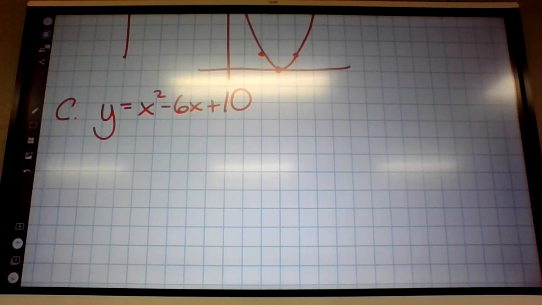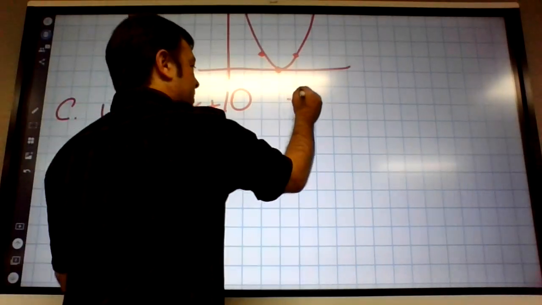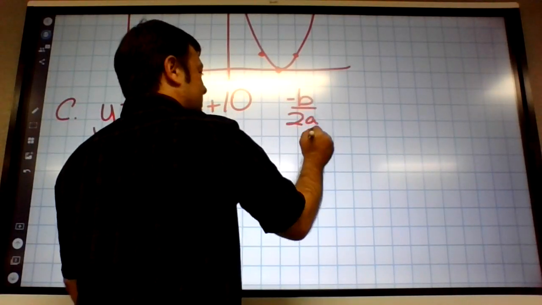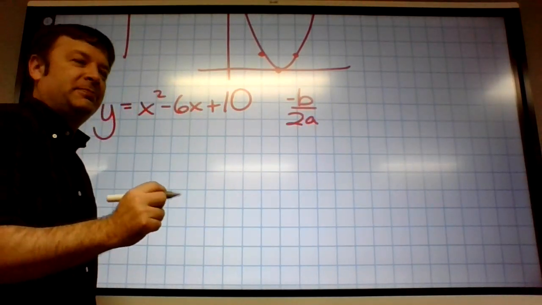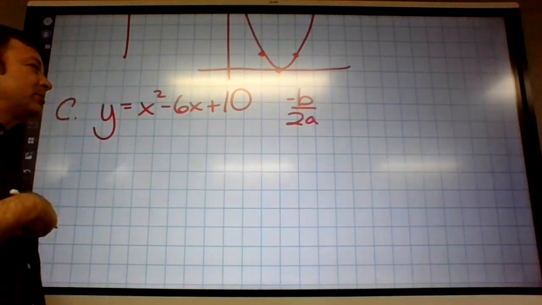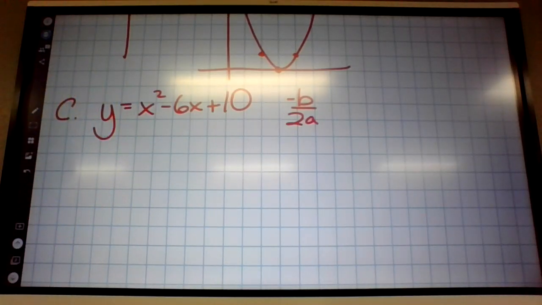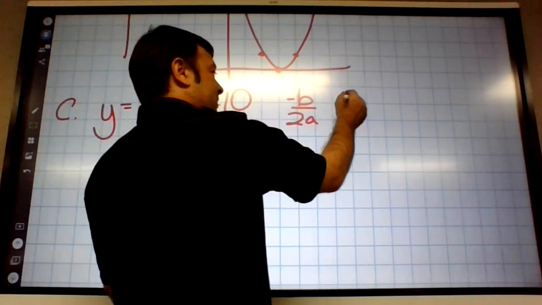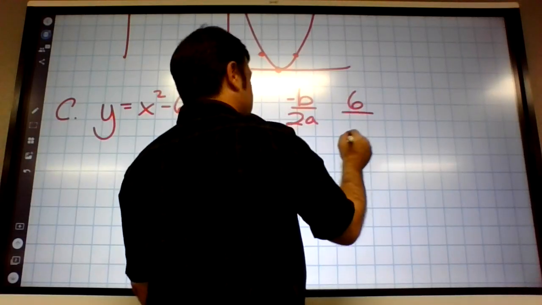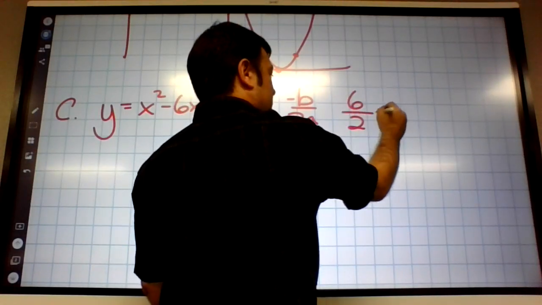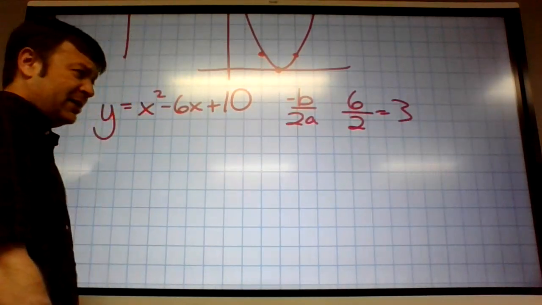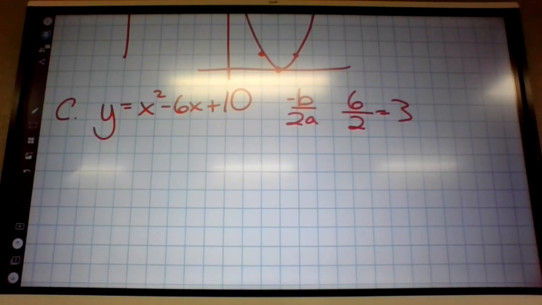All right. So the important step. All right, girls. How do we find the vertex? Negative b over 2a. I know, but people don't. Probably if I asked the classroom, half the people wouldn't know. So negative b is negative negative 6, so it's 6. 2a is 2 times 1. I think these are the same every time.